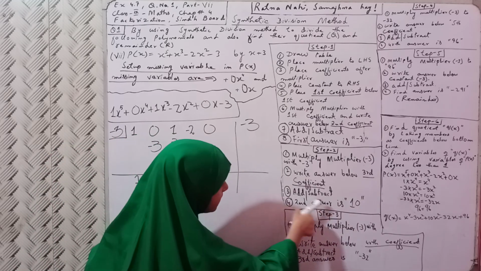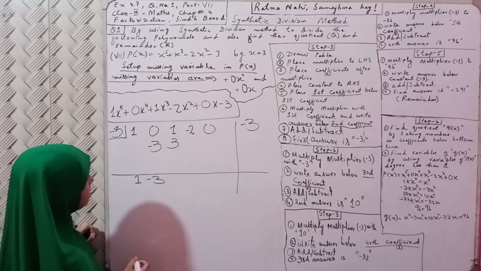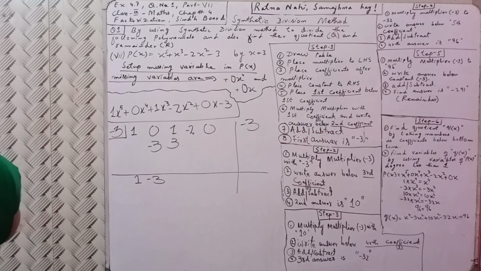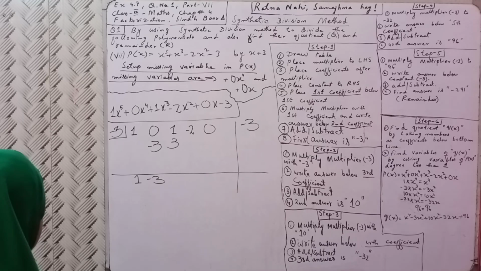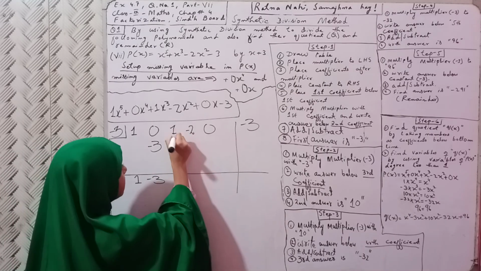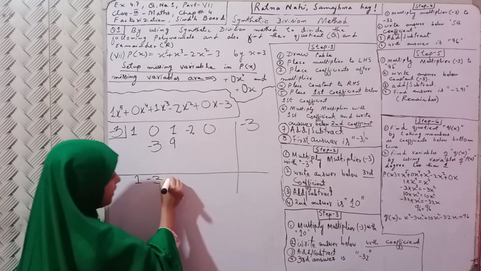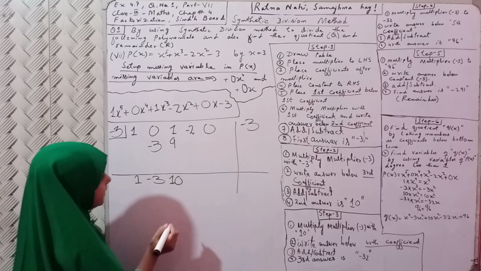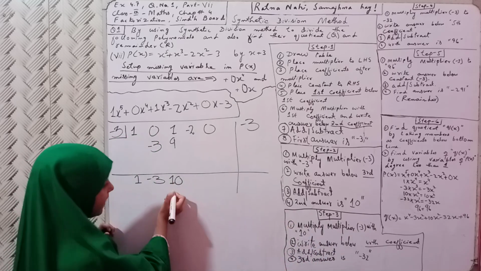Then add, then write the answer below the third coefficient. Now add or subtract. So here will become 10. The second answer is 10, correct.